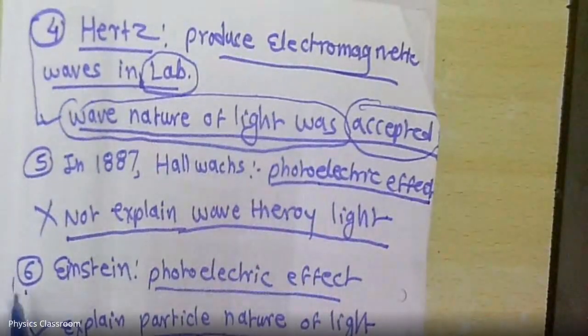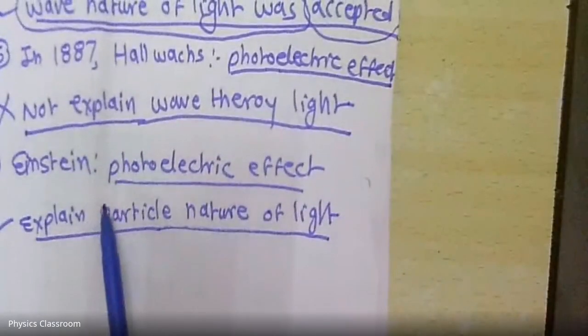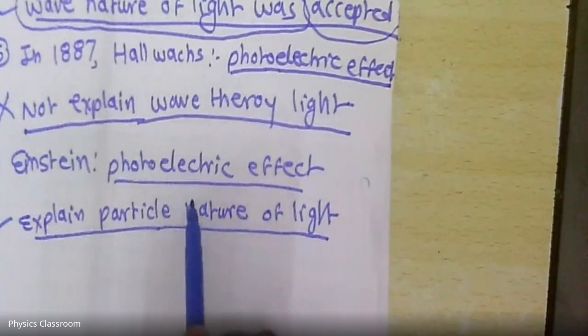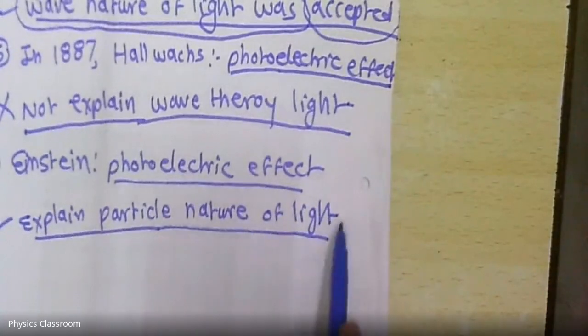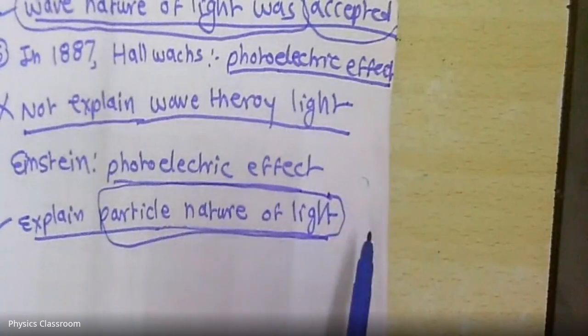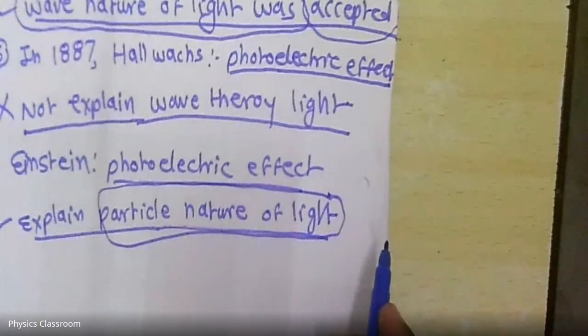The sixth point states that Einstein explained the photoelectric effect, and after that the particle nature of light was accepted. It is the major breakthrough in wave particle duality.